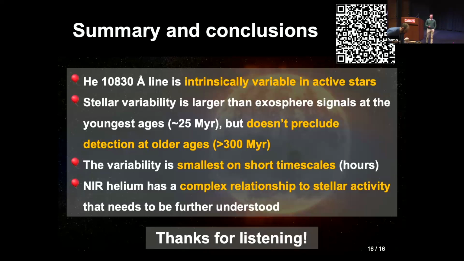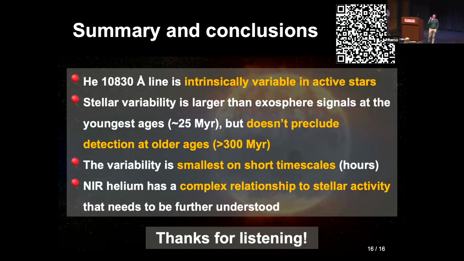Yeah, so I might be a little out of date on the literature, but most of the young planets that have been targeted for exospheres have just turned up upper limits, which is maybe already surprising. You might expect them to have more mass loss. Something might be going on with the helium populations in atmospheres there. There are at least a couple of robust detections, or at least one robust detection, in that intermediate age range of like 400 million years.